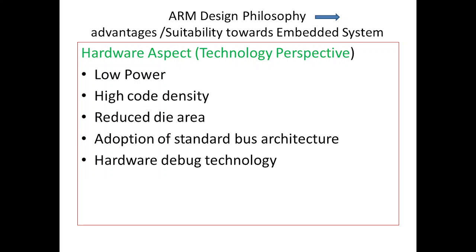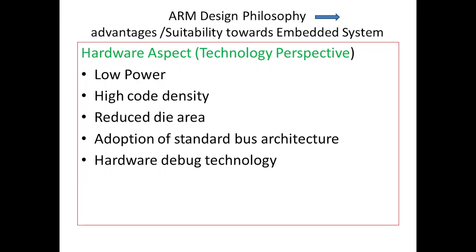So the advantages of both philosophies we are combining in ARM designing. Very important things are low power, high code density, reduced die area, these are hardware aspects. Also adoption of standard bus architecture and hardware debug technology.